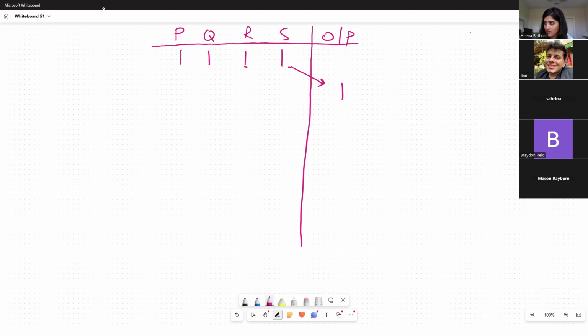The previous R becomes the new S, so this shifts over here. The previous Q becomes the new R, and the previous P becomes the new Q. It's just shifted, 1 bit. The last bit becomes the output.